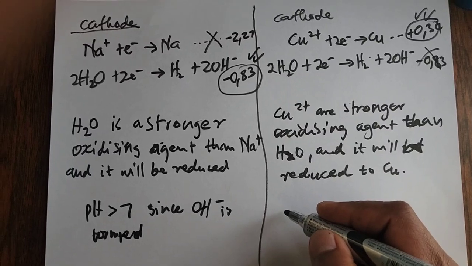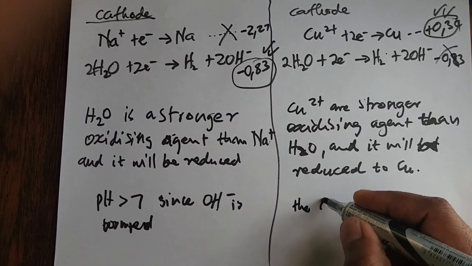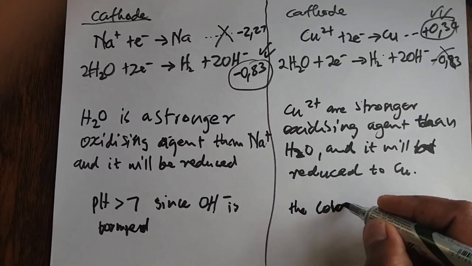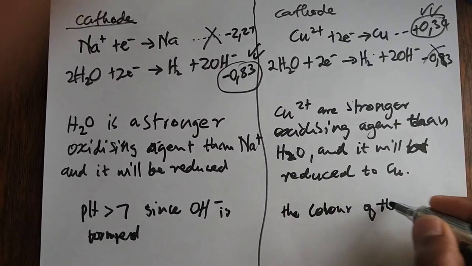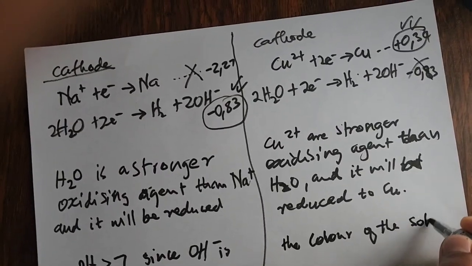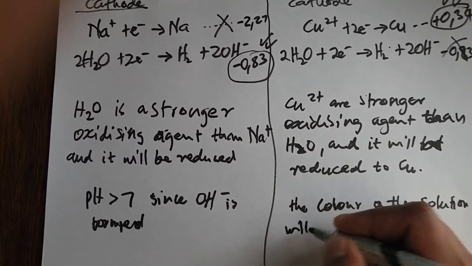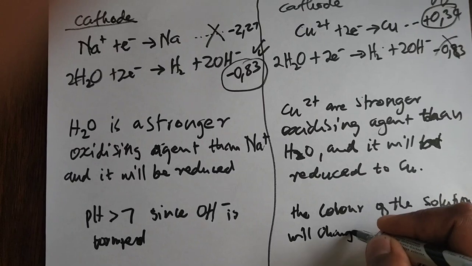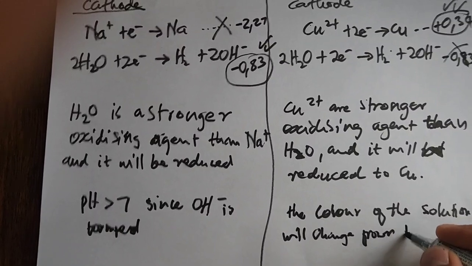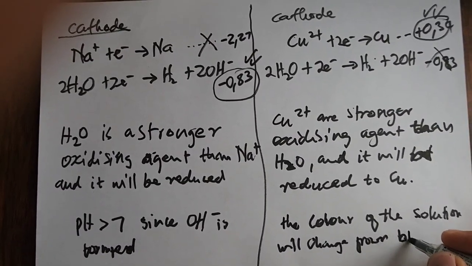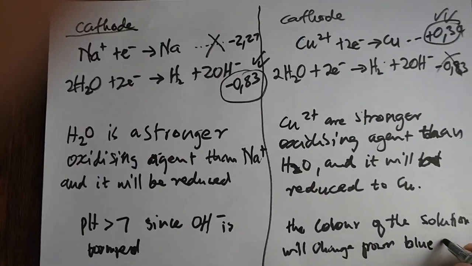In this case of copper chloride, the observation is that the color of the solution will change from blue to colorless.